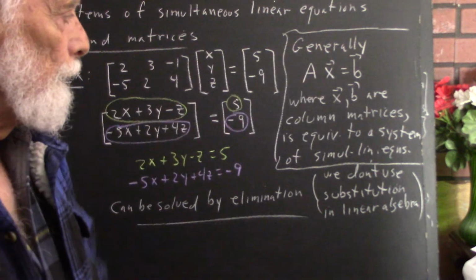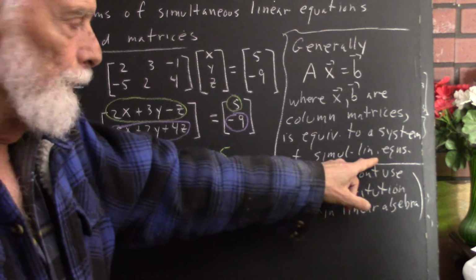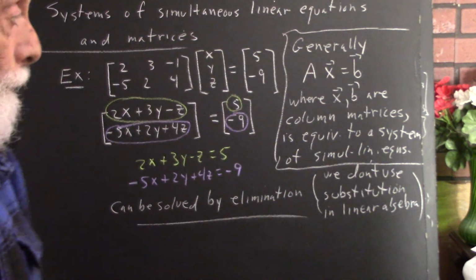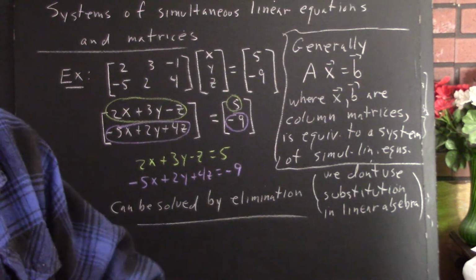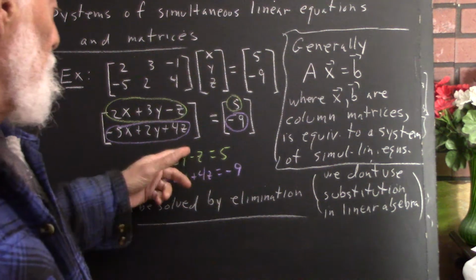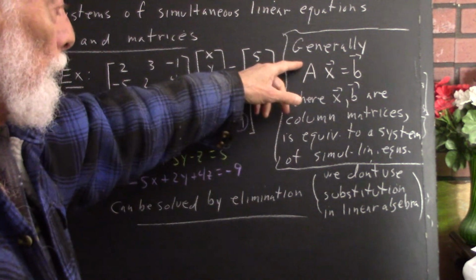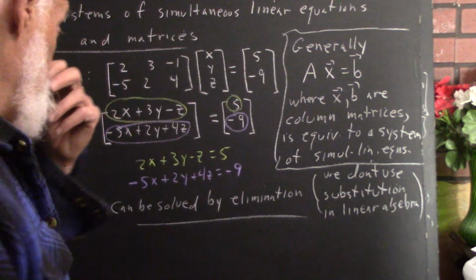Any such product is equivalent to a system of simultaneous linear equations, and vice versa. Any system of simultaneous linear equations can be written in this form.